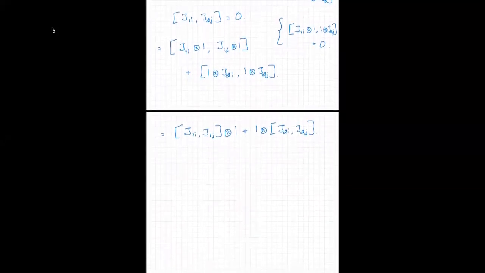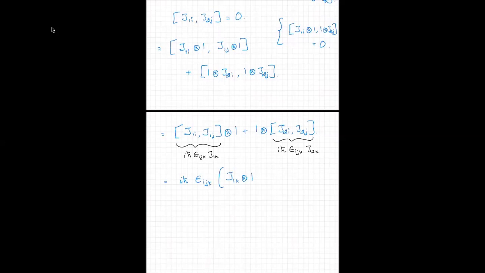And I already know that this guy is i h bar epsilon ijk J1K, and this guy is i h bar epsilon ijk J2K. So I can write this entire commutation as i h bar epsilon ijk times the quantity J1K direct product 1 plus 1 direct product J2K. Okay, but this is precisely the kth component of J.